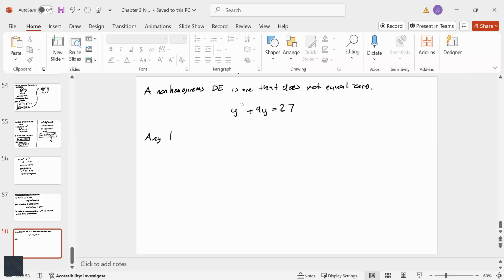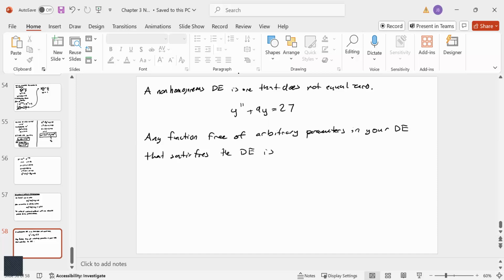So any function free of arbitrary parameters, what that means is there's no C1, C2, in your differential equation that satisfies the differential equation is called a particular solution. And we denote it as YP.